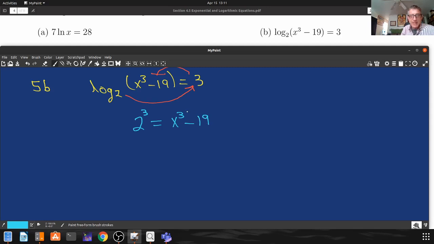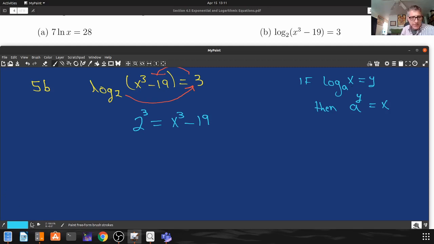Again, if log to the base a of x is equal to y, then a to the y is equal to x. Here our base is 2, 3 stands in for y, and the polynomial x cubed minus 19 stands in for x.